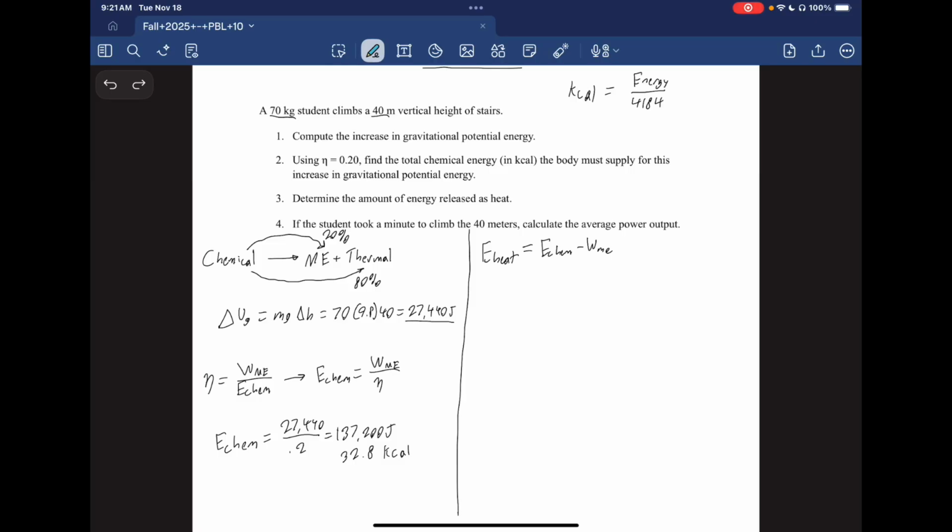And so if you plug in our chemical and our mechanical, the thermal energy is 109,760 joules. And then, using our kilocalorie calculator up here, it is about 26.2 kilocalories.